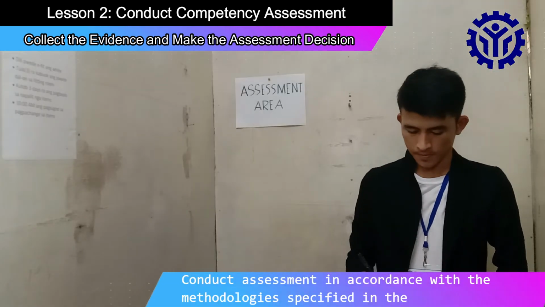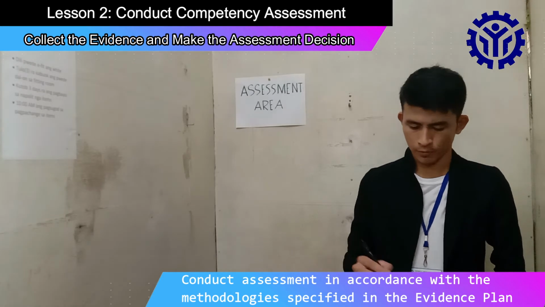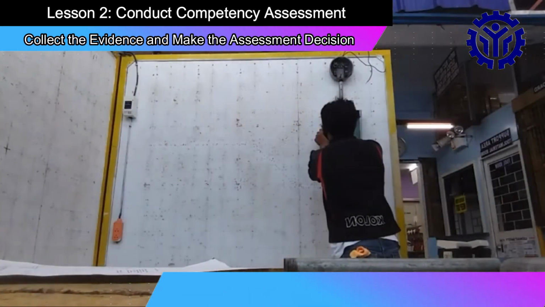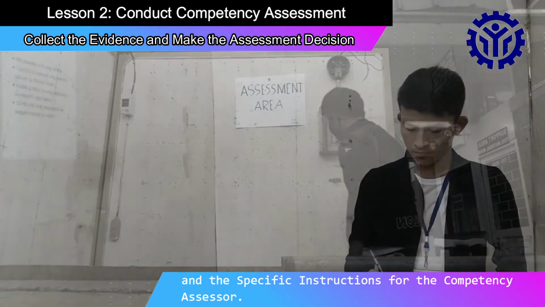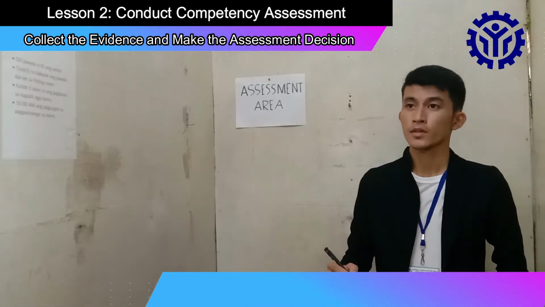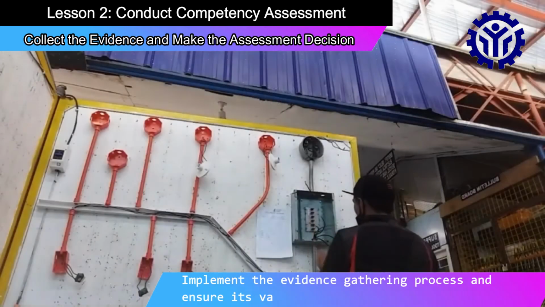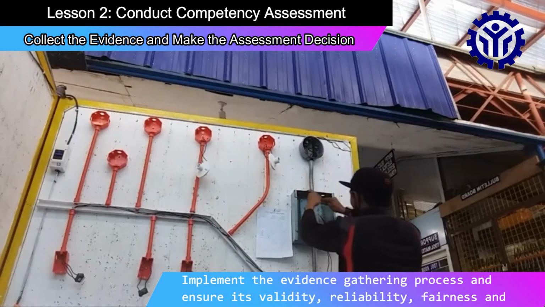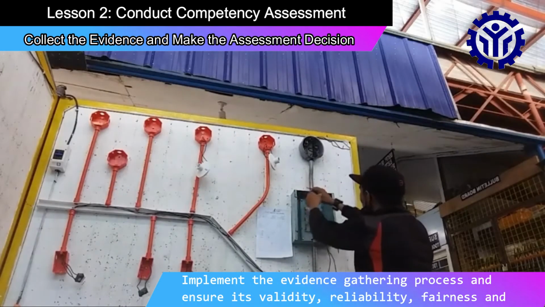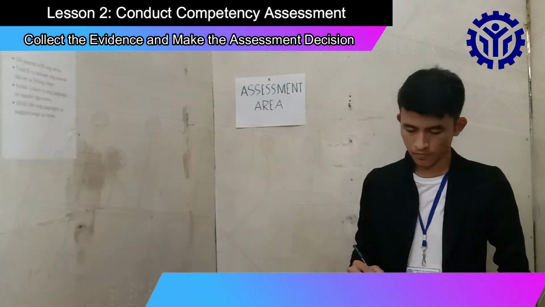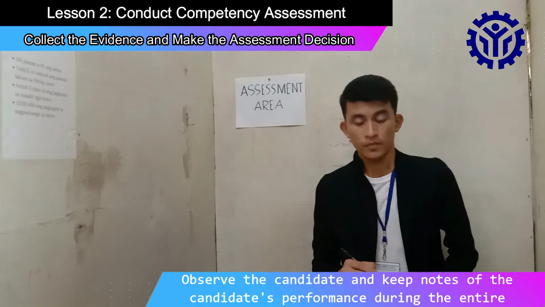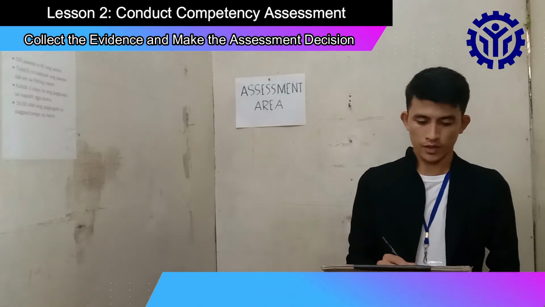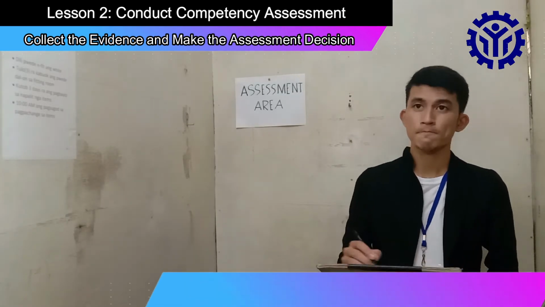Conduct assessment in accordance with the methodologies specified in the evidence plan and the specific instructions for the competency assessor. Implement the evidence gathering process and ensure its validity, reliability, fairness, and flexibility. Observe the candidate and keep notes of the candidate's performance during the entire conduct of assessment.